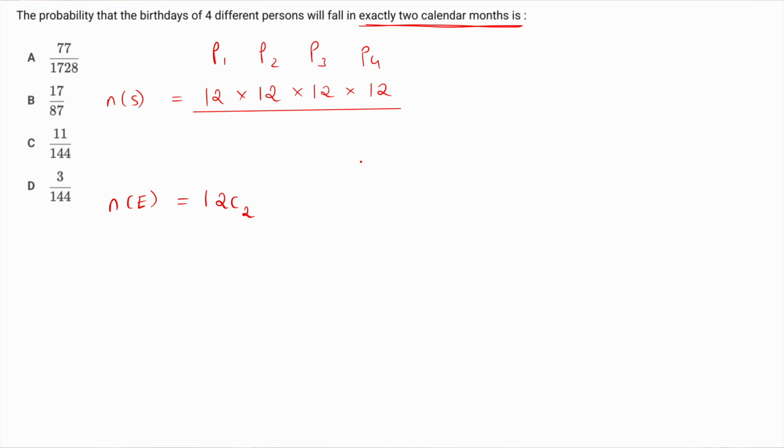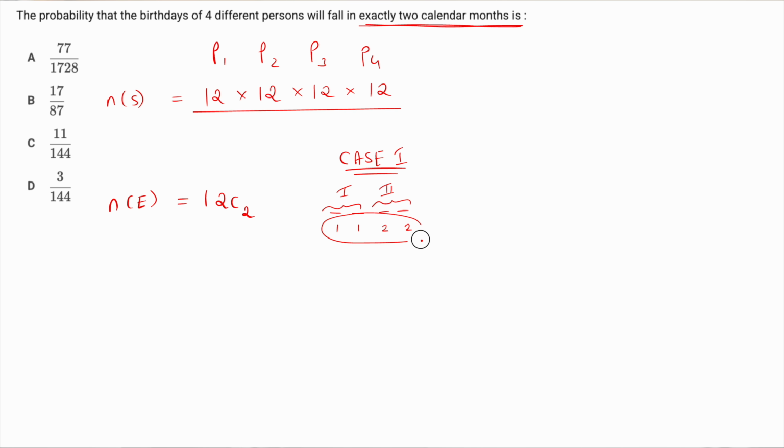Now guys, there are two ways of doing this. The first way, I'm calling it case 1, is 2 out of the 4 people will have their birthdays as the first month selected, and the other 2 can have their birthday as the second month selected. So if 2 persons have the first month as their birthday, 2 persons have the second month as their birthday.